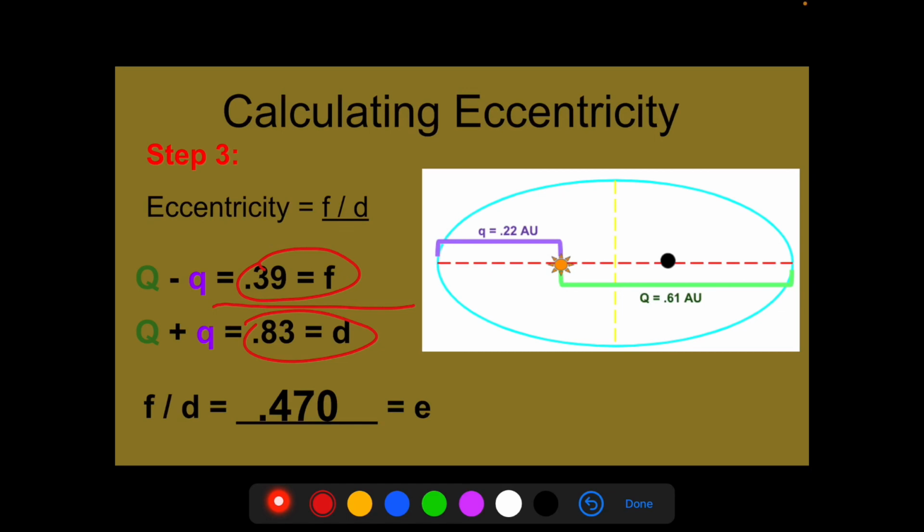If we remember back to a couple slides ago, 0.470 is pretty much straight up in the middle of the 0 to 1 spectrum from circle to ellipse. So that would be categorized as right in between a circle and an ellipse, almost halfway from a perfect circle to a perfect ellipse.